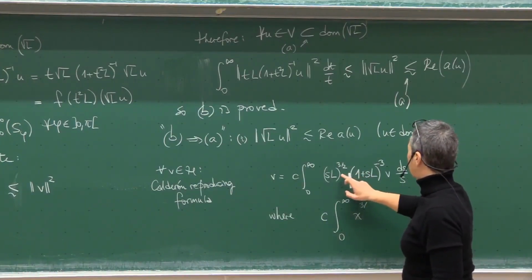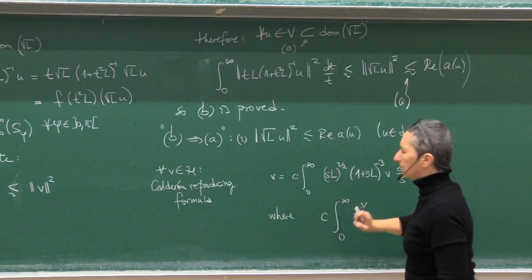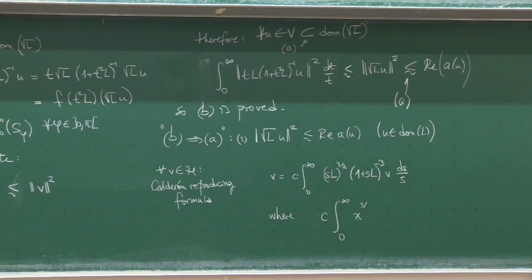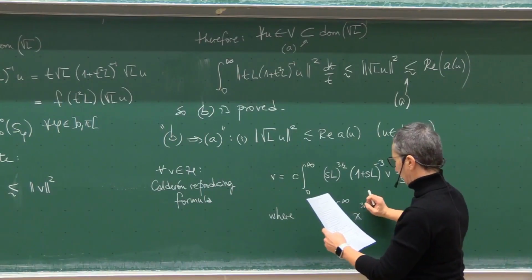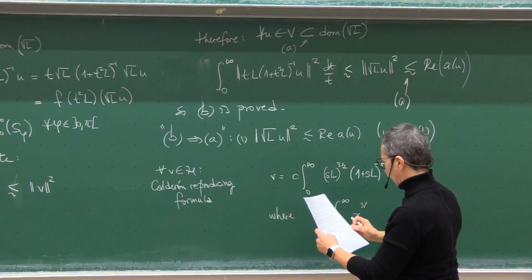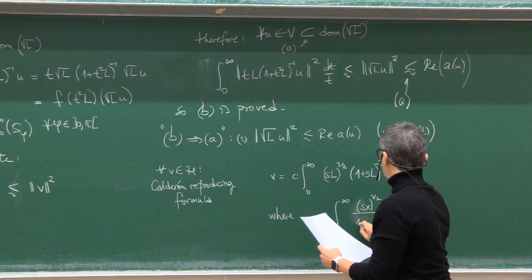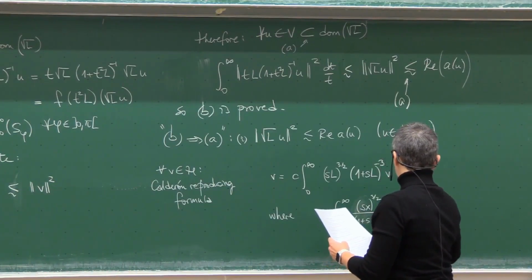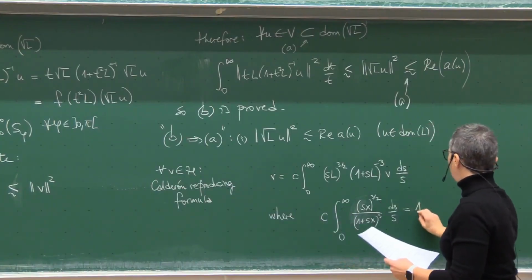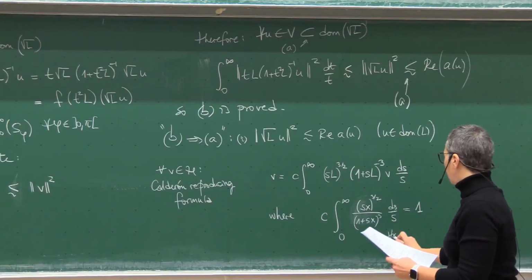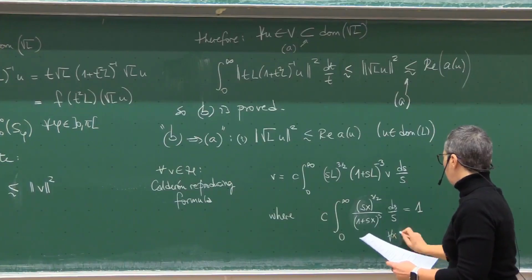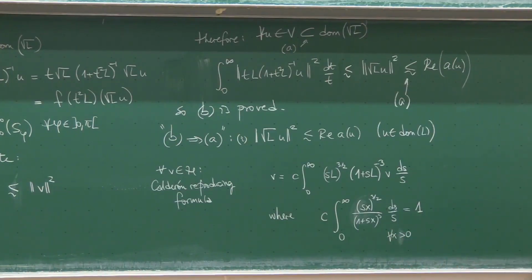S, as before, the integral of s to the 3/2 over 1 plus s x to the power 3, ds over s, should be equal to 1 for all x, let's say non-negative.